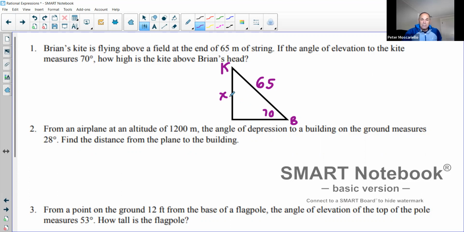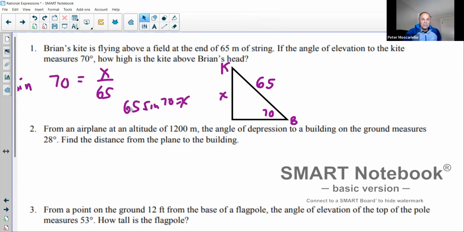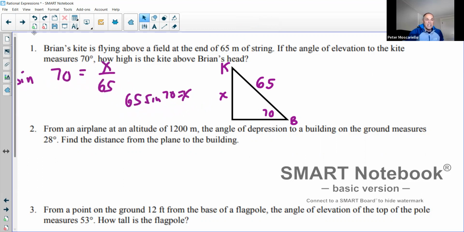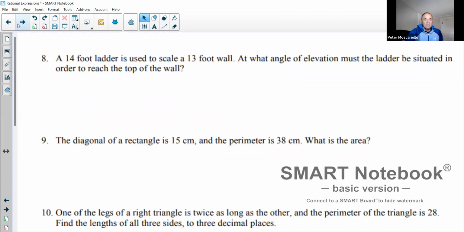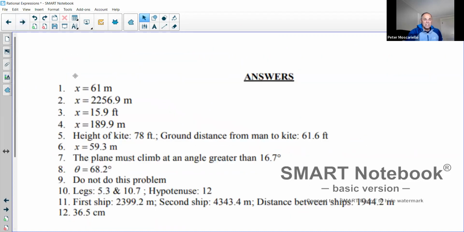You've got opposite and hypotenuse, so it's sine of 70 equals X over 65. So it's 65 sine 70 equals X. Don't need inverse sine here because we're solving for a side. Inverse sine is when we solve for an angle. So just punch that in and you get the answer, and the answer must be 61 meters.